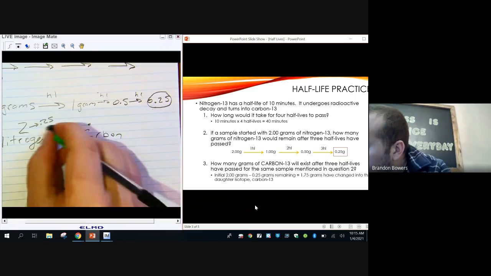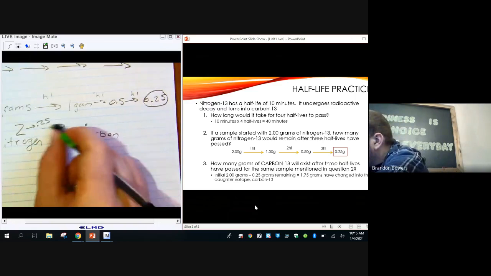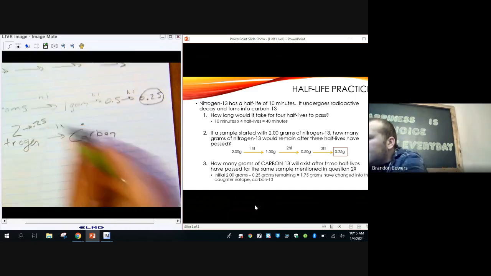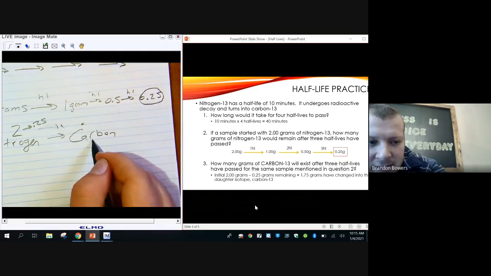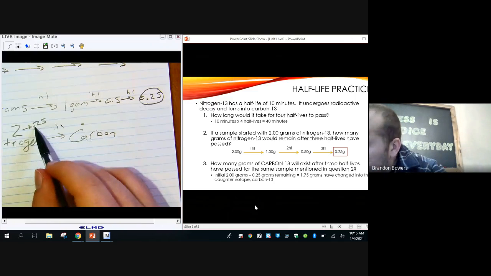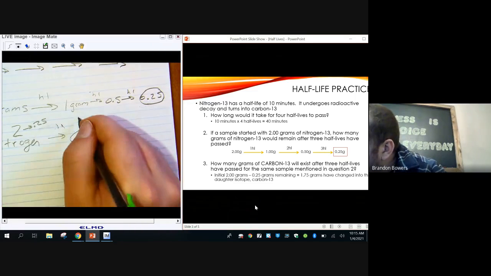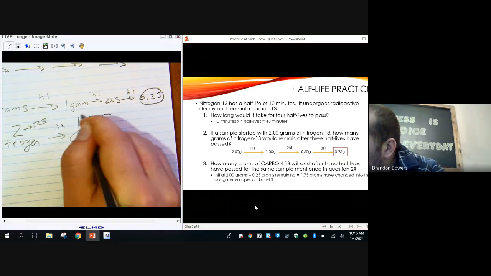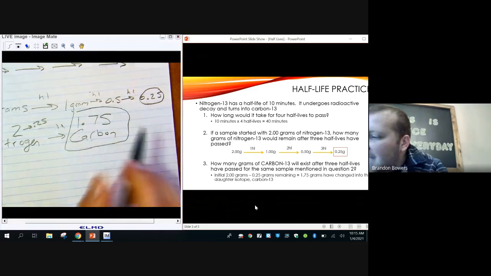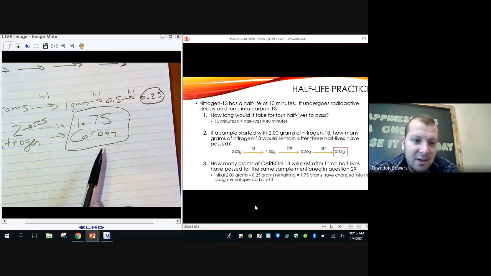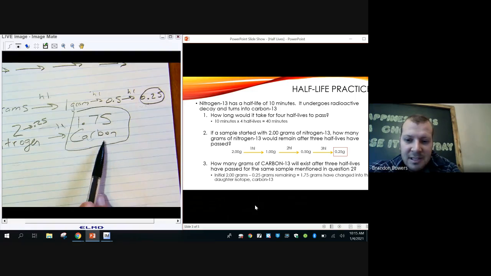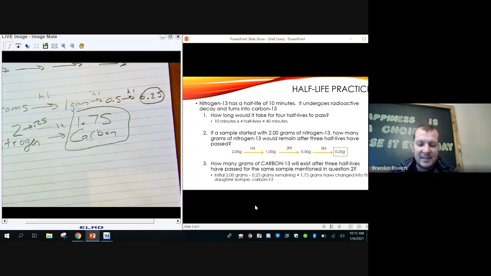The question said, how much became carbon? If it went from 2 to 0.25, you subtract those two numbers, and you get 1.75. That's how much decayed and became a new substance.